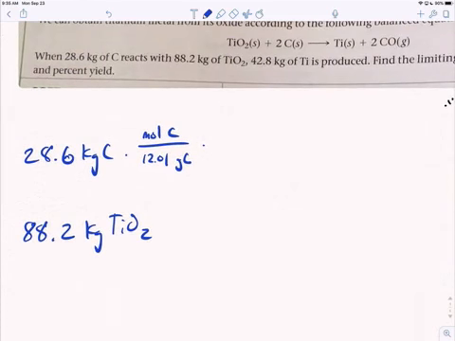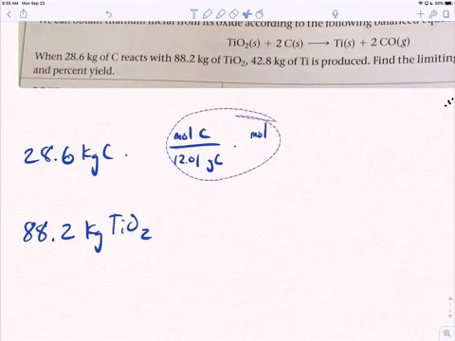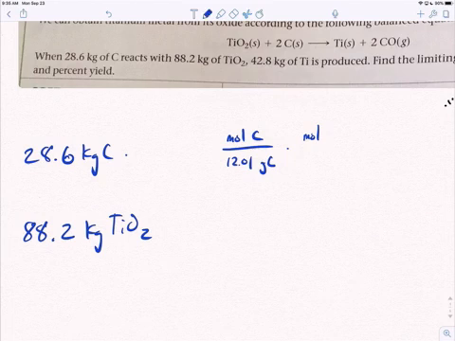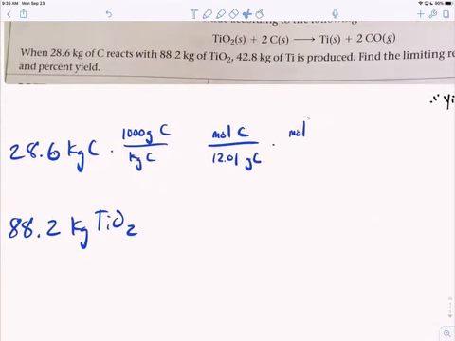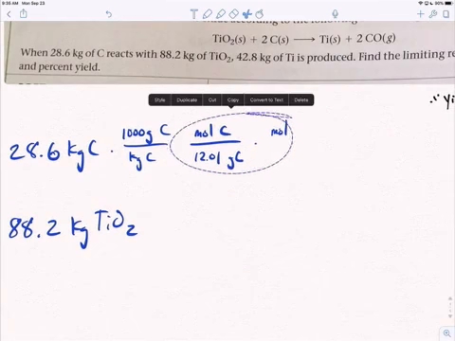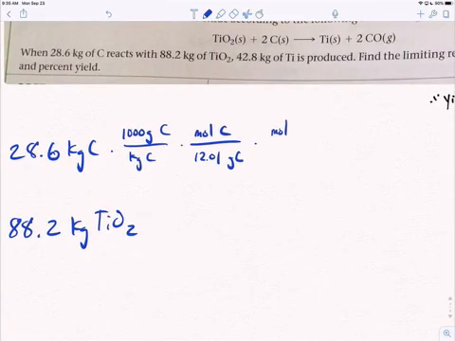And then we look at the balanced equation. Oh, I guess I'm skipping a step. 1,000 grams carbon to kilogram carbon. Sorry about missing that step there. In my mind, I know I have to divide by it, so I already discounted that step, but I'll show you.